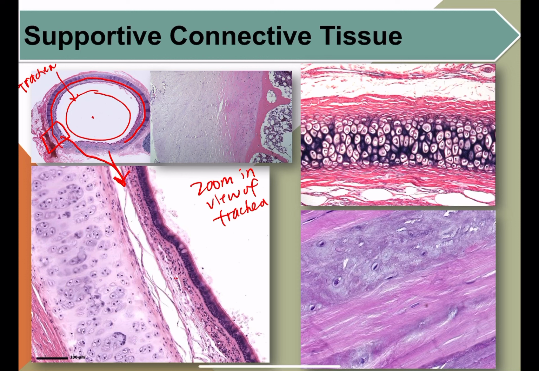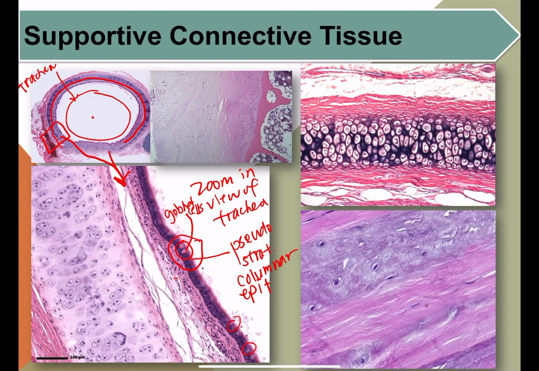This here is the pseudostratified columnar epithelium. And remember we said in the trachea, there are also accessory glands called goblet cells. See these clear looking cells here, here, and very obvious here. Those are your goblet cells for secreting mucus on the surface of the pseudostratified columnar epithelium.